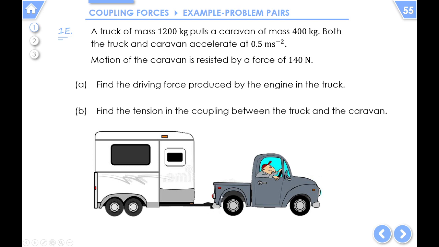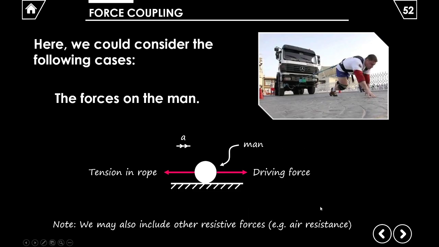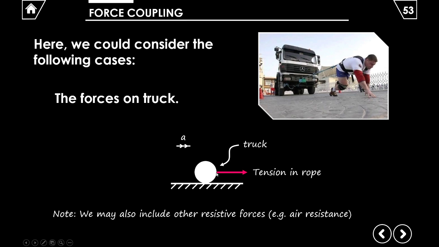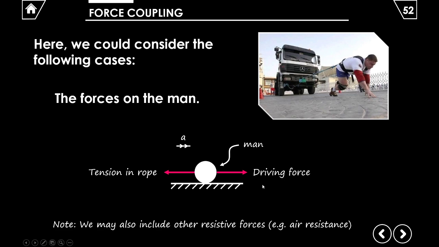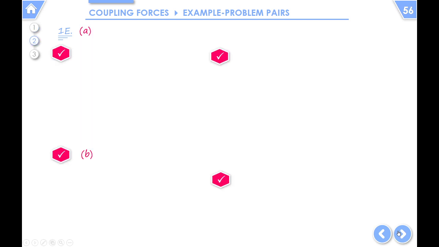So because we don't know the tension, if we just go back to the example we had over here, the only time we didn't consider the tension was when we were considering the whole system here. In the other two pictures, the forces on the truck or the forces on the man, both cases there the tension was involved. So in our problem here, we are going to be looking just at the forces on the whole system in one go, because that allows us to ignore the tension.